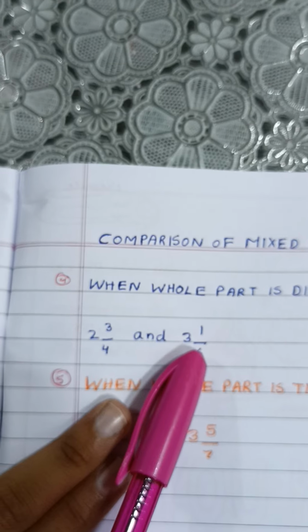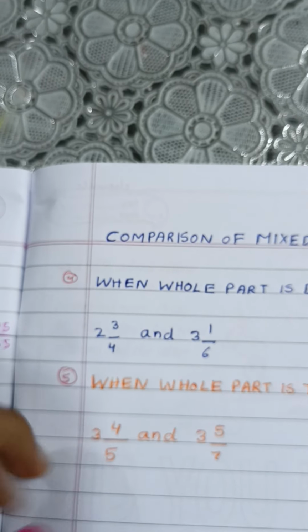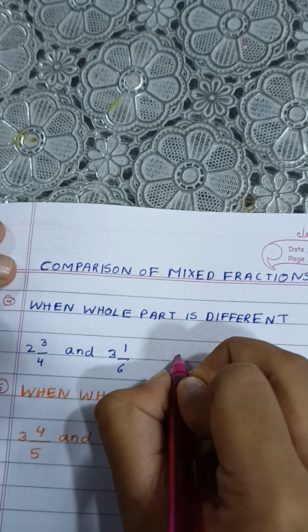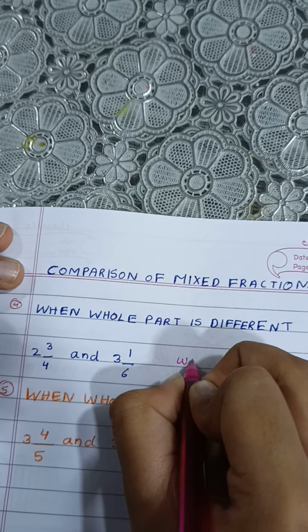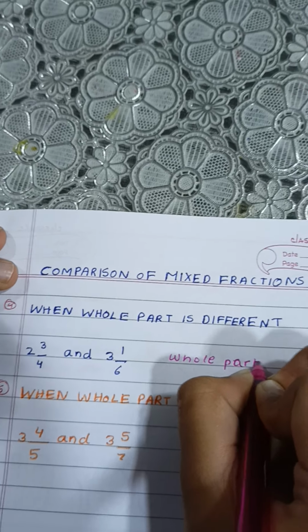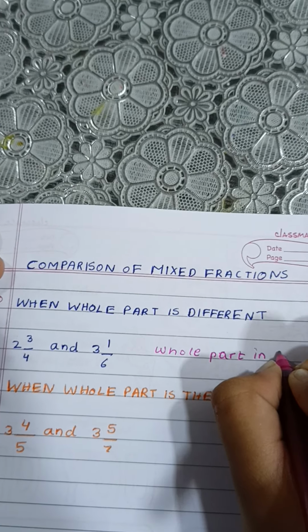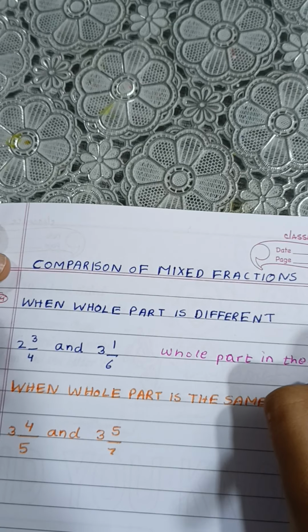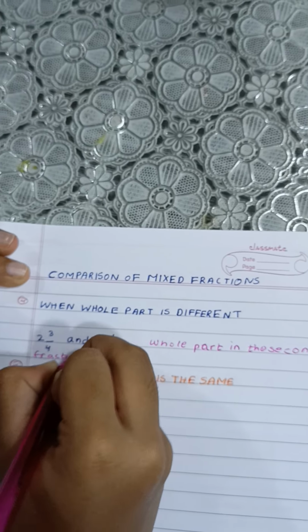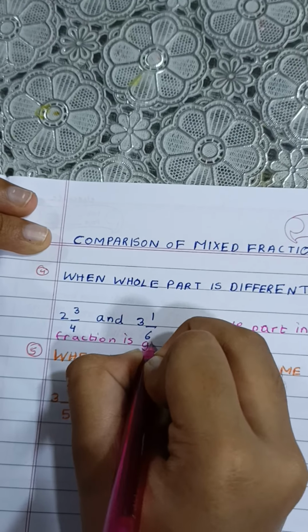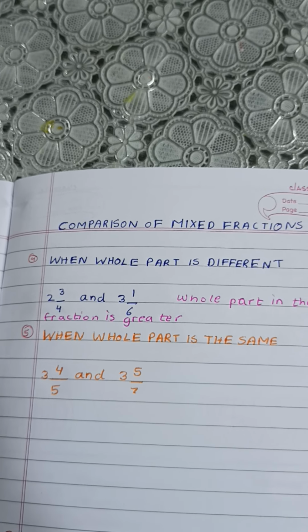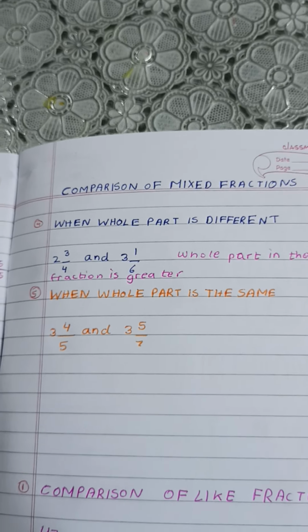So thus we can say that 3 1 by 6 is greater than 2 3 by 4.